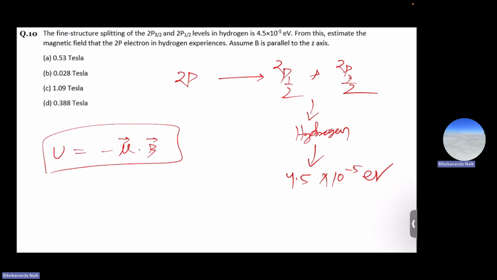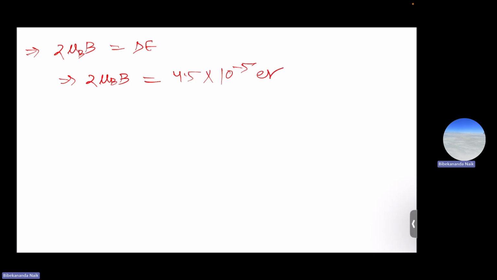Similar to the spin, depending upon the spin, the interaction energy was 2 mu B times B. So 2 mu B B was 4.5 into 10 to the power minus 5 eV. So what will the magnetic field be?